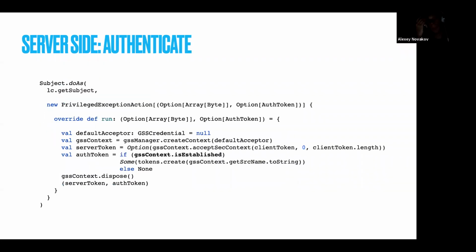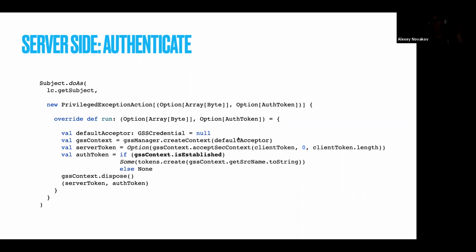For authenticating the user, we run this privileged action using the standard Java API, where inside the run method of this privileged exception action, we use that previously constructed GSS context, and we feed into it the client token that will be sent to us based on the challenge that we send from the server.